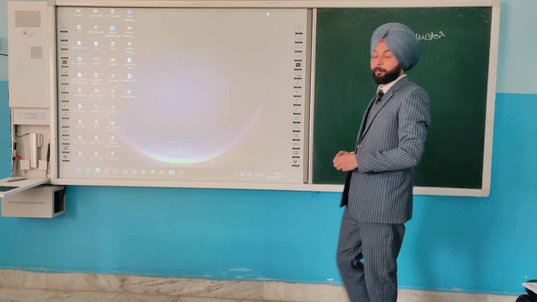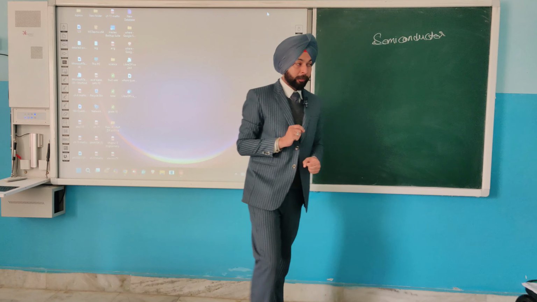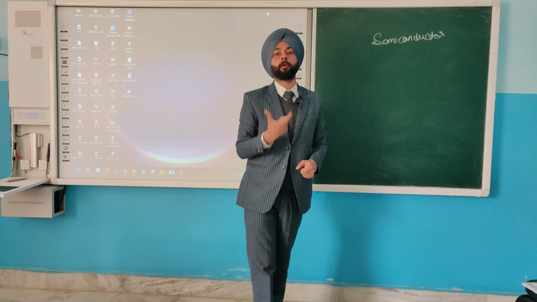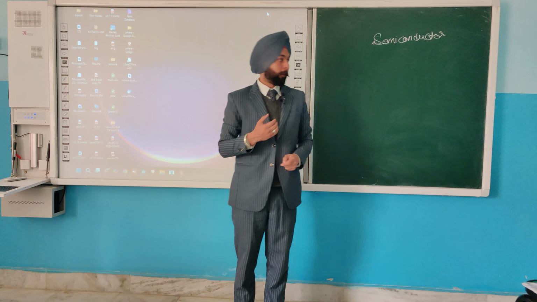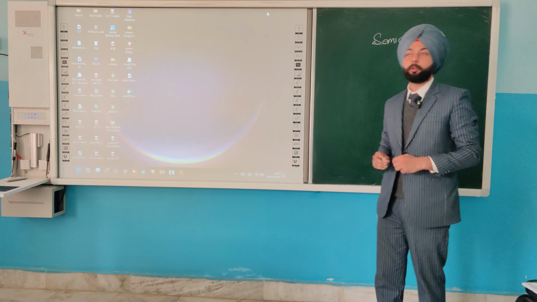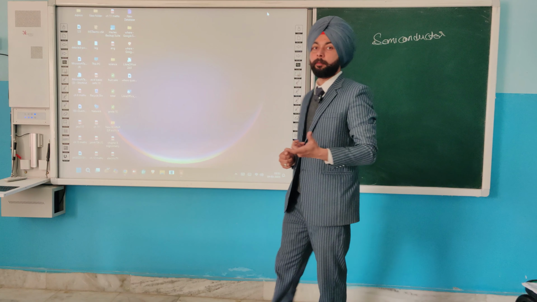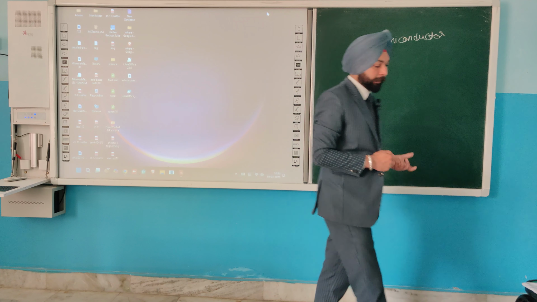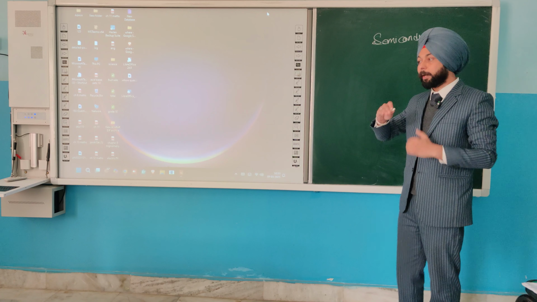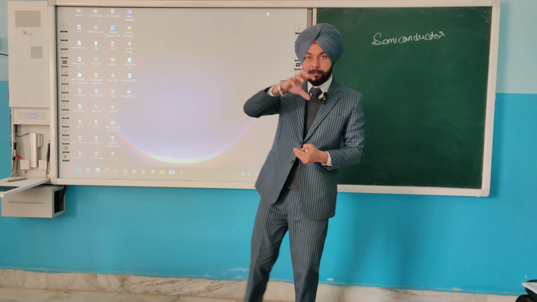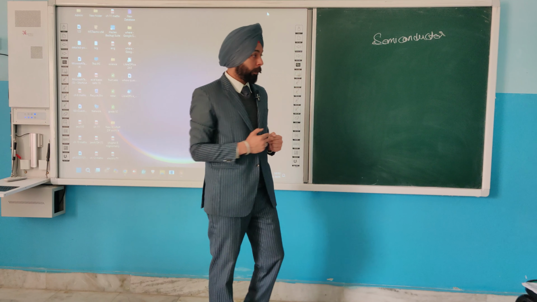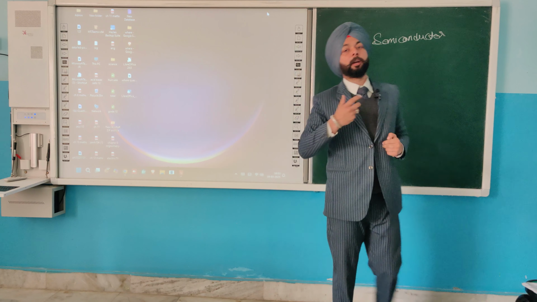Hello students, today we will start a new chapter. Before starting a new chapter, I will talk about electronic devices. Electronic devices are based on a controlled flow of electrons. Means we control the motion of electrons according to the requirement.